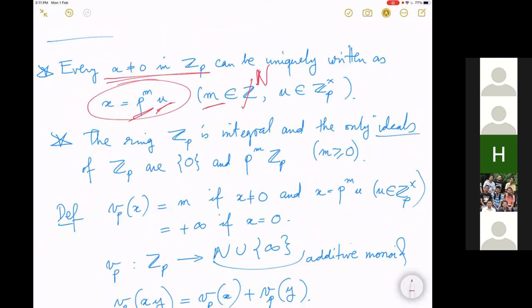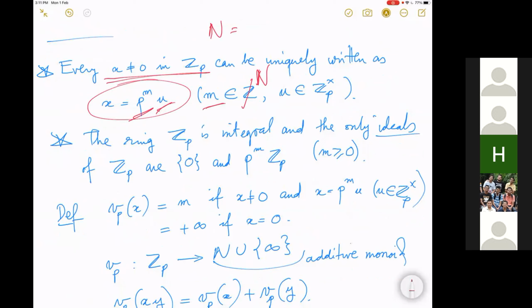So this little m is a natural number, and for me, of course, natural numbers are N equal to 0, 1, 2, and so on. I include 0, as do most people. So every p-adic integer, non-zero, can be uniquely written as a product of a power of p times a unit.